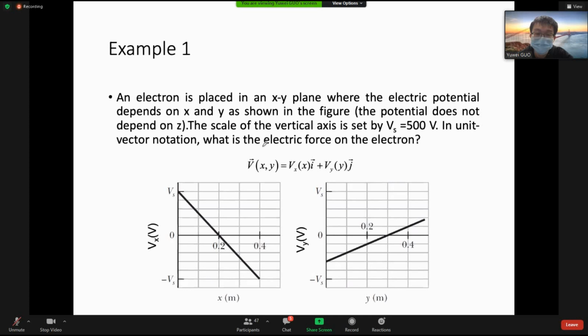For this question, we need to calculate the electric force on the electrons. They have given us the potential distribution, for the x direction and y direction. So the question is to calculate the electric force.